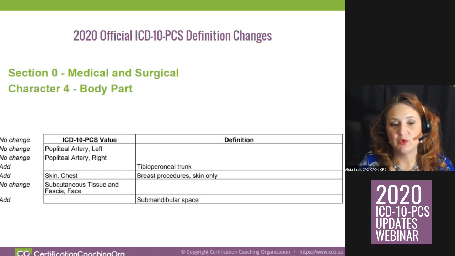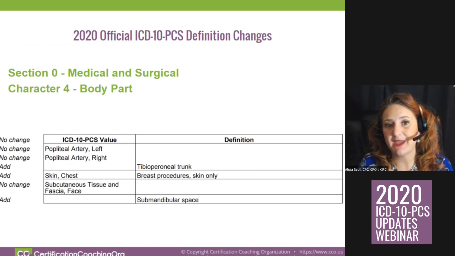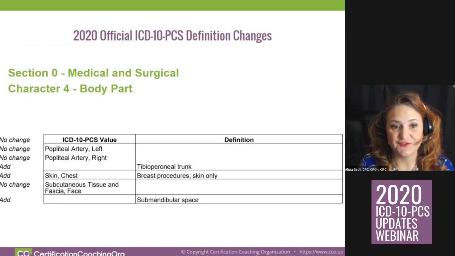And with the subcutaneous tissue and fascia and face, they added submandibular space. So we have more body parts, the 4th character in med-surg. These 3 have been added: tibioperoneal trunk, breast procedures skin only, and submandibular space.